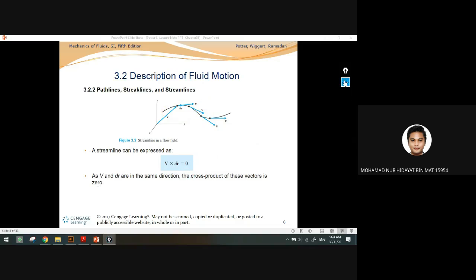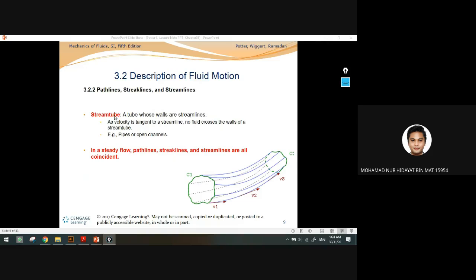So next is where you learn the stream tube. This is another kind of line. Previously, we learned about the path line, the streamline, and the straight line. Now we go to the stream tube. So what is the stream tube? A tube whose walls are streamlines. For example, we take the fluid region from C1 and go to C2.